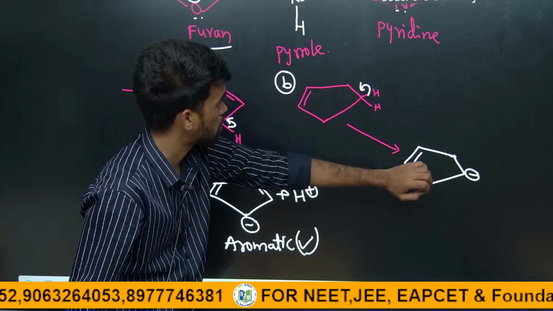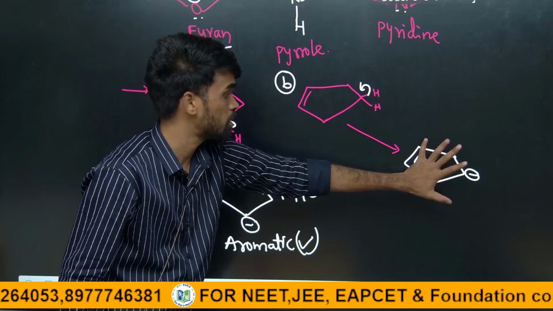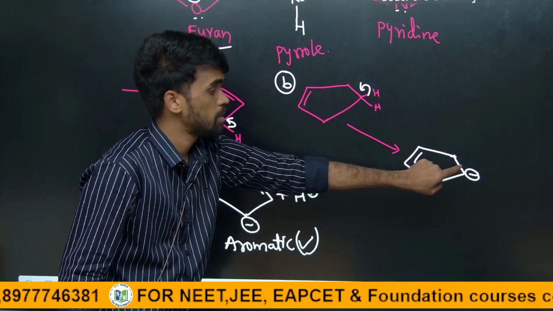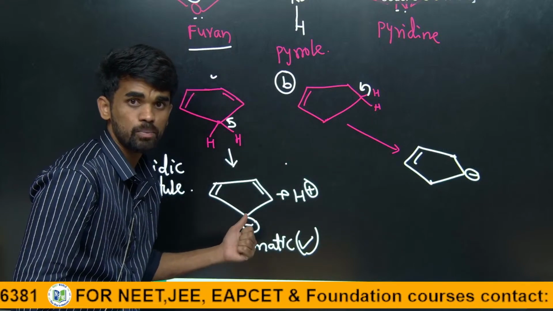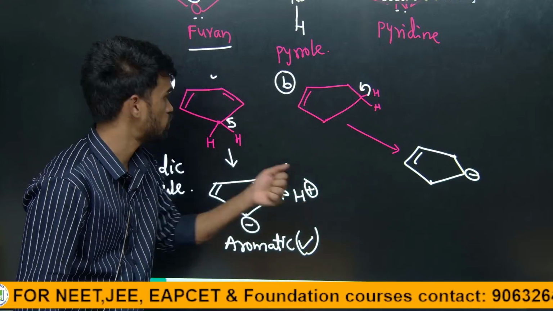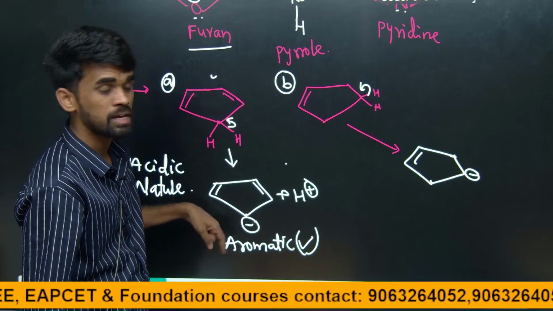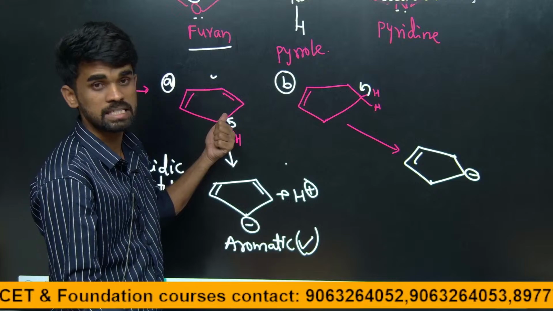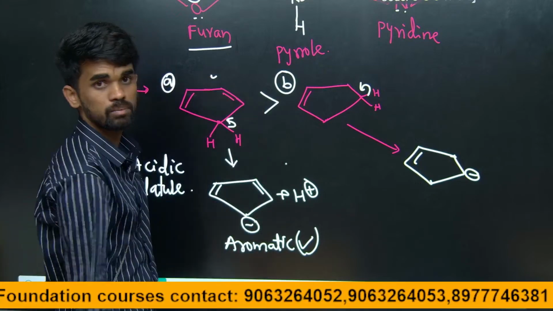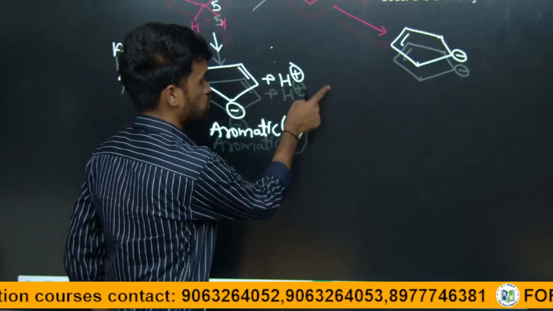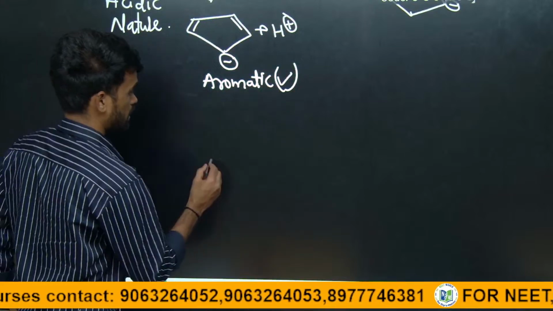This is not even conjugated, just a normal anion, but the other is an aromatic compound which is more stable than this, therefore the respective acid will be more acidic. If the conjugate base is more stable, the respective compound will be more acidic, therefore A is more acidic than B. Okay, and one more thing, let me show you.